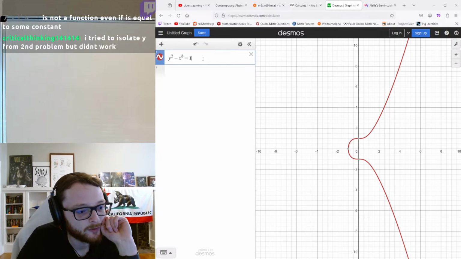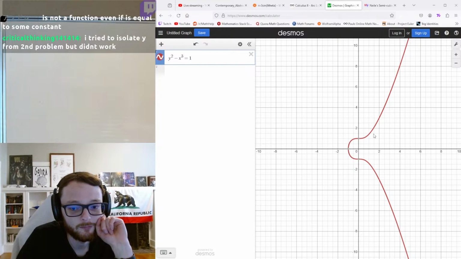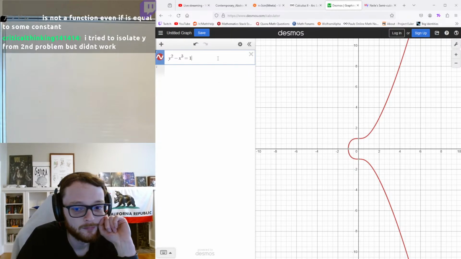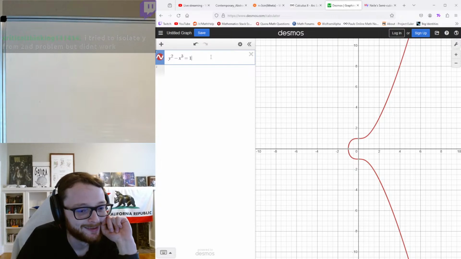In the second one, we need to know what the second point is. Yeah, you're right, Anders. This isn't an actual function because it fails the vertical line test, but I'm not worrying about that part right now.